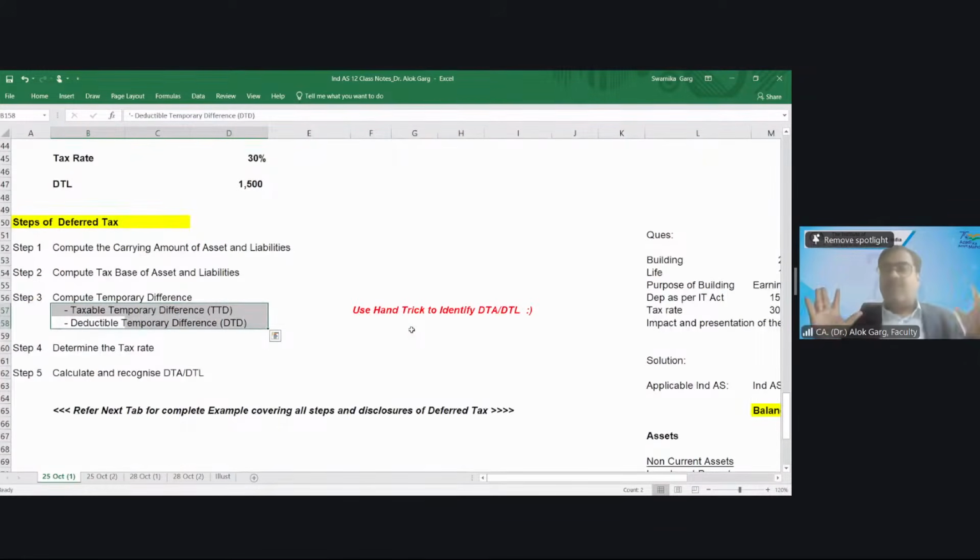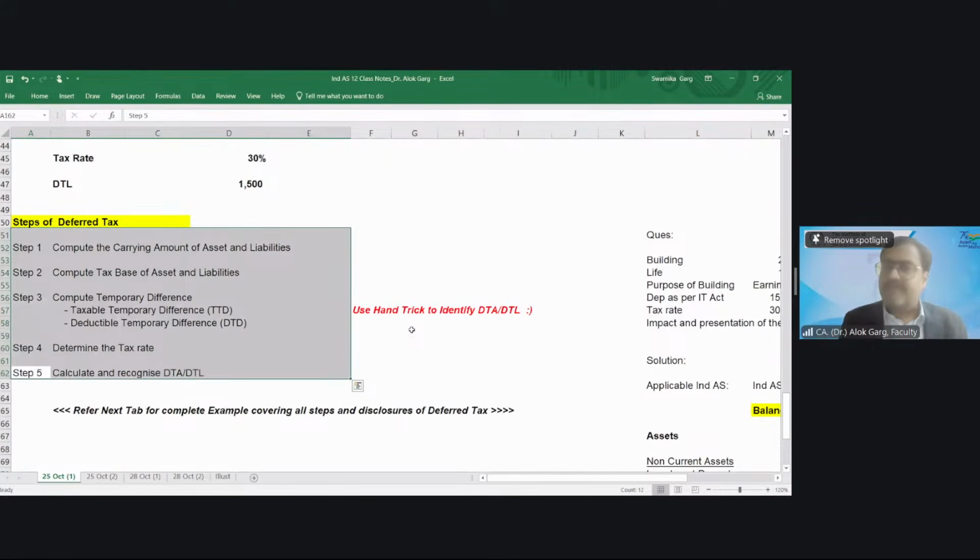So once you are okay with the book base, once you are okay with the tax base, you understand whether it is a deductible temporary difference or taxable temporary difference, you know the tax rate, 25%, 30%, whatever it will be, then you need to compute and recognize your deferred tax asset and deferred tax liability, DTA and DTL.